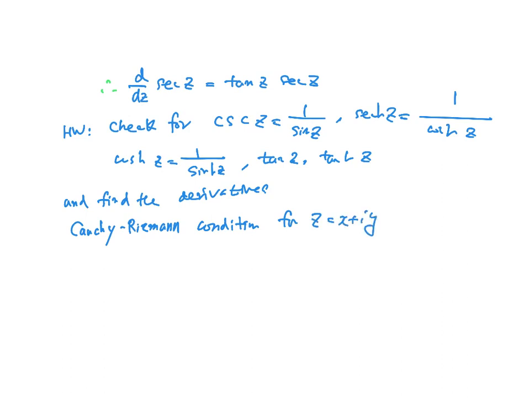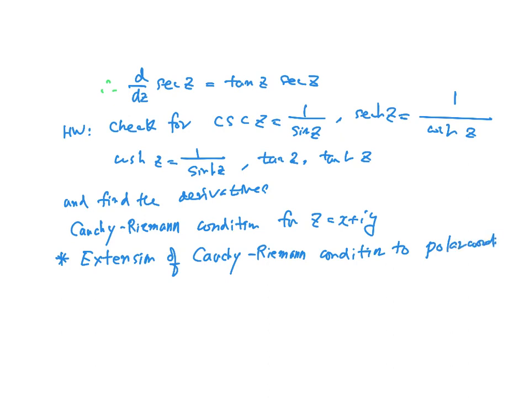But sometimes the functional relationship can be expressed as r and theta in polar coordinates. So what would be the cases? So now the topic is extension of the Cauchy-Riemann condition to polar coordinates. For z equals x plus iy, that is r cosine theta plus i sine theta.